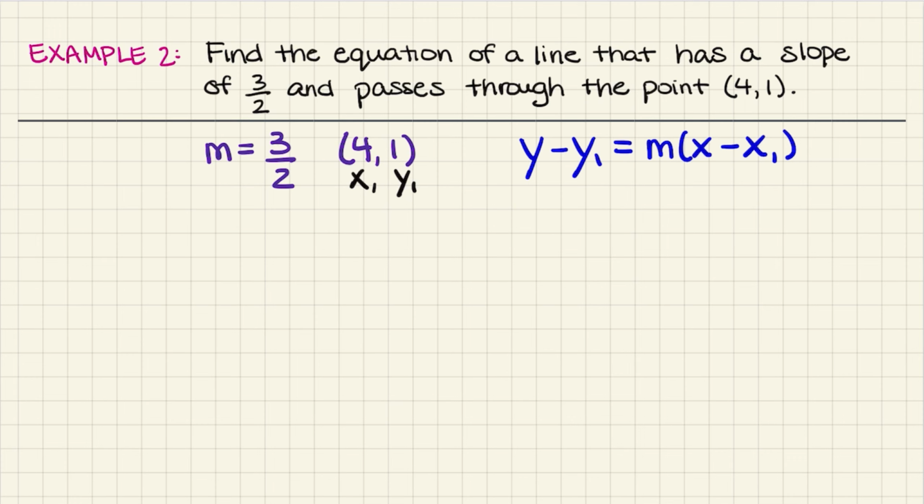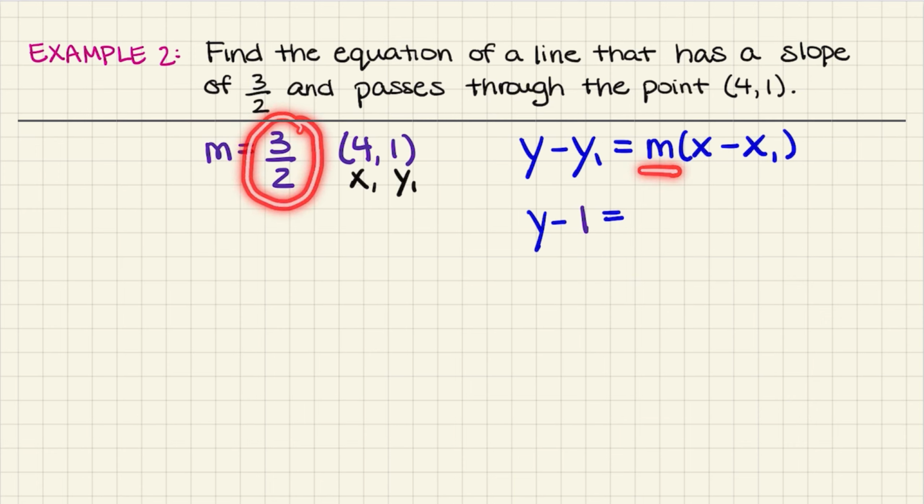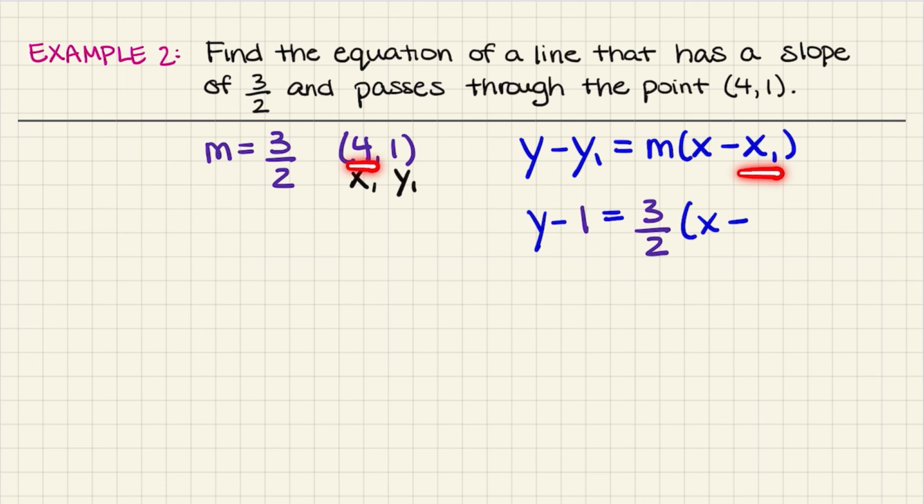So now we can go ahead and plug our information in. So y minus y1 is 1. Y minus 1 equals m is 3/2. So 3/2 times x minus x1 is 4.